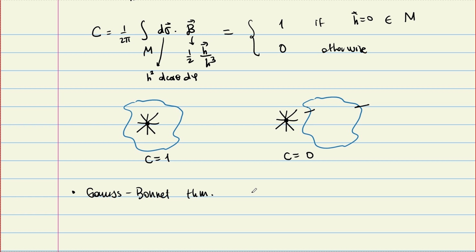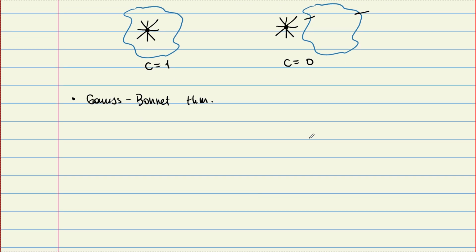And the Gauss-Bonnet theorem is something like this. If you have a Gaussian curvature, let's call this K, I'll give examples of what this is.